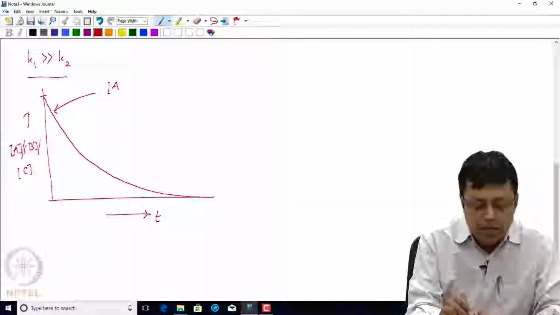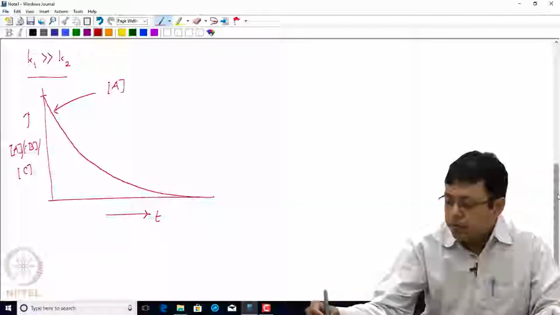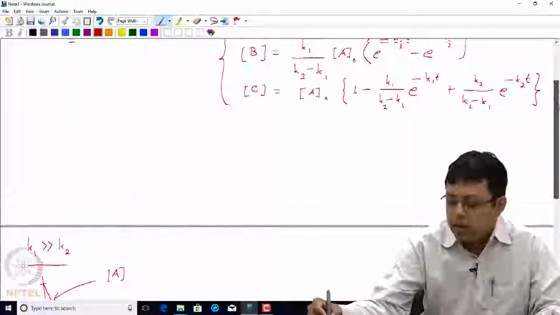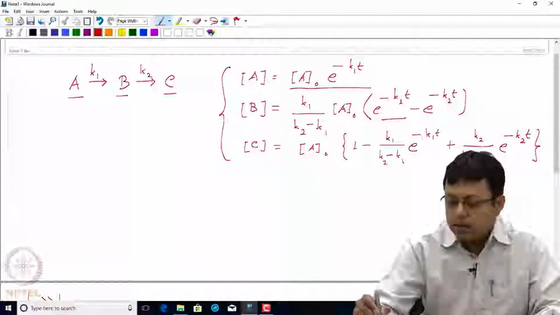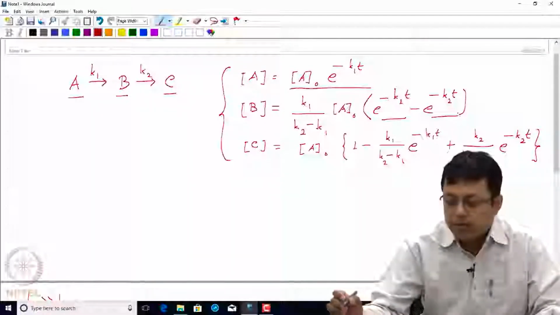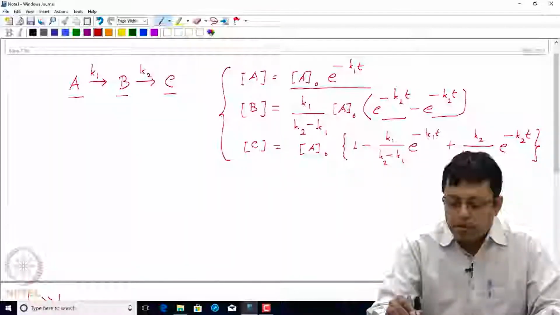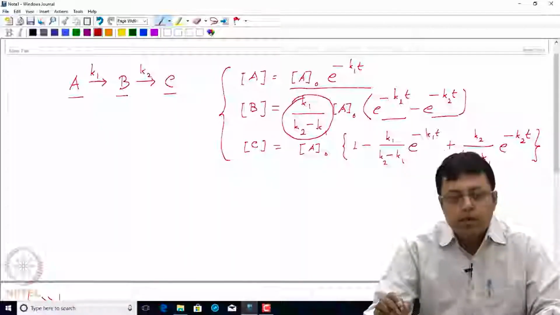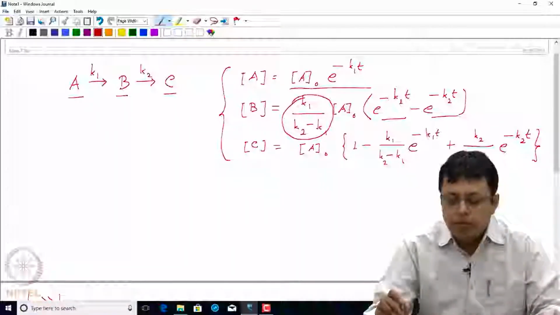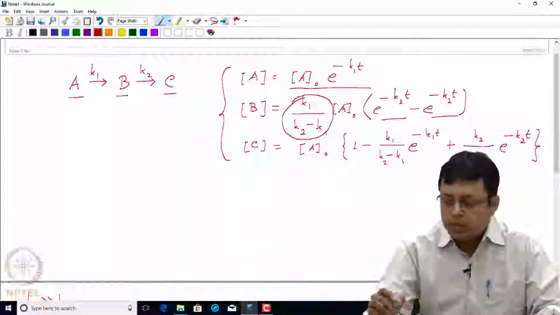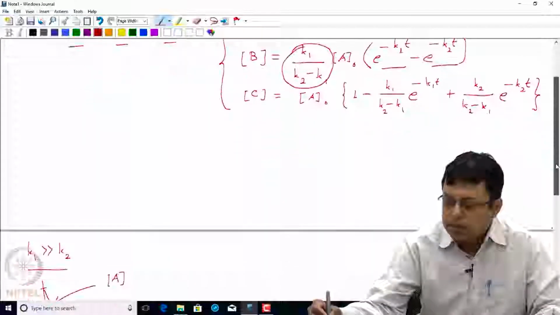Now, for B, if you look at the equation for B, it actually has two terms, e to the power minus K1t and e to the power minus K2t, and in this case K1 is much greater than K2. So, you can approximate this prefactor to be nearly 1, because it will be K1 divided by K2 minus K1, so it will be close to minus 1. Then you can make some approximations.